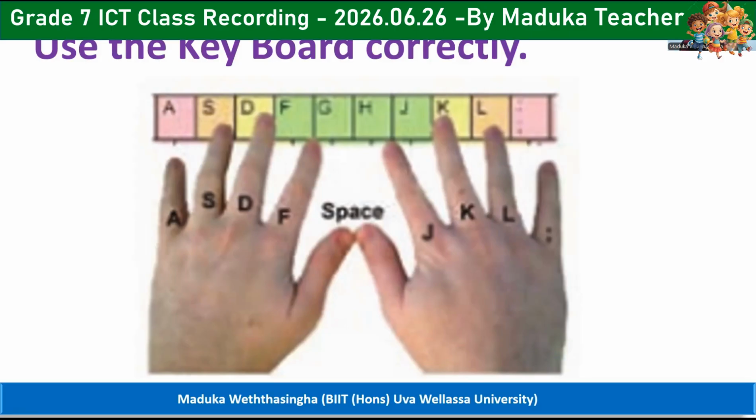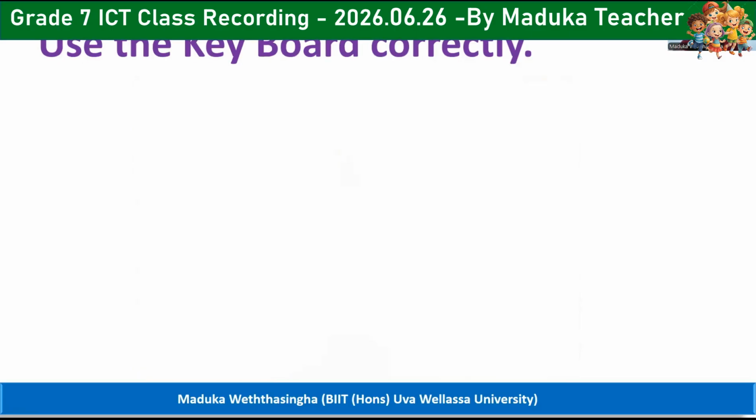Then ring finger, we have to keep on key S. Then the next finger on D and the pointer finger on F. And we have to leave two keys and again we have to start our right hand with key J, J, K, L, right?